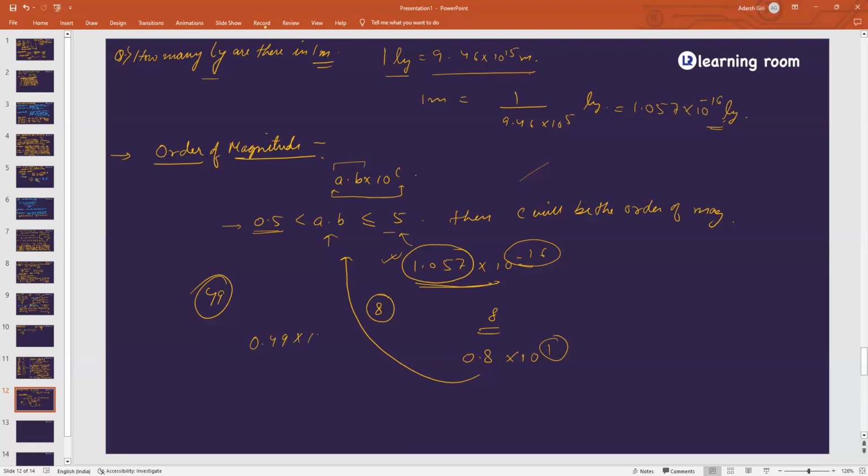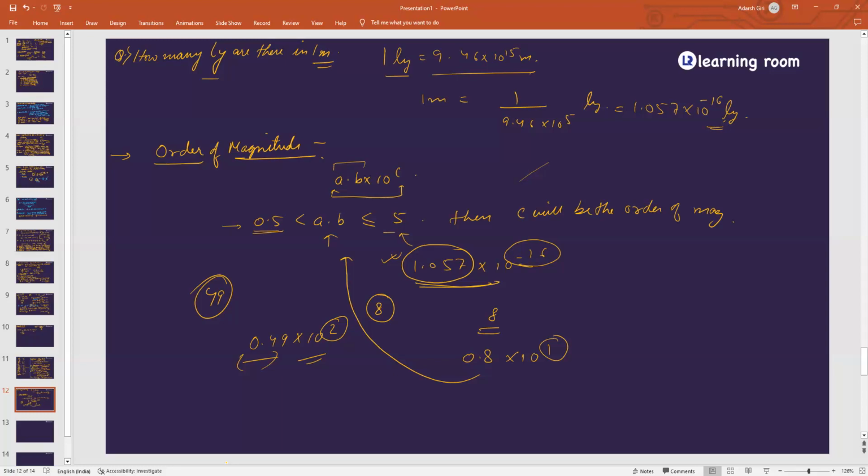Why can't I write it like this? 4.9 is less than 5, sir. Exactly. And 0.49, why can't I write it like this? Why can't the order be 2? Even this is less than 5. Sir, if 4.9 is already less than 5, then why should we round up to the next place?